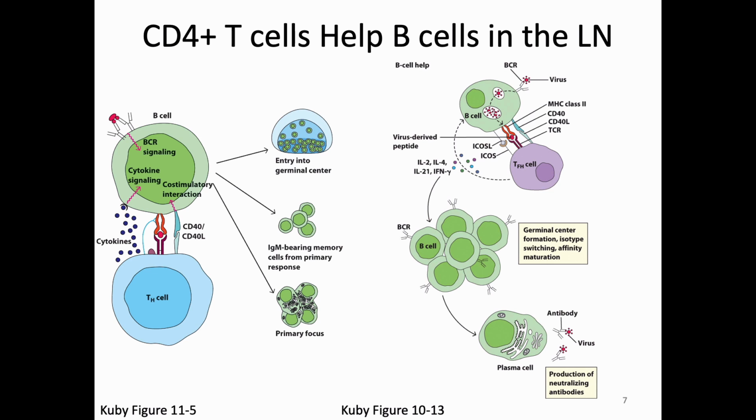And if you actually listen closely to that Ben and Jen thing we heard earlier, the friend, the CD4 cell, was making CD40 ligand. So this is giving our B cell signal 2. The T cell also makes some cytokines in order to give the B cell signal 3. So again, conceptually, it's the same 3 signals. And when that B cell gets those 3 signals, it is fully activated and can go into some of these other processes.